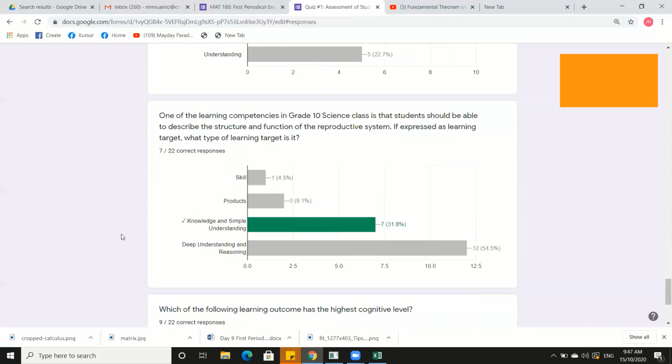Okay, you may answer deep understanding and reasoning, but it is not, since there is no process involved here. So definitely, it's more on the understanding, a lower level thinking skill. Therefore, the answer is letter C. Knowledge and simple understanding. Letter C.